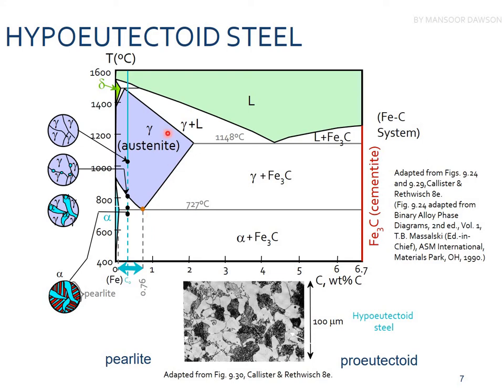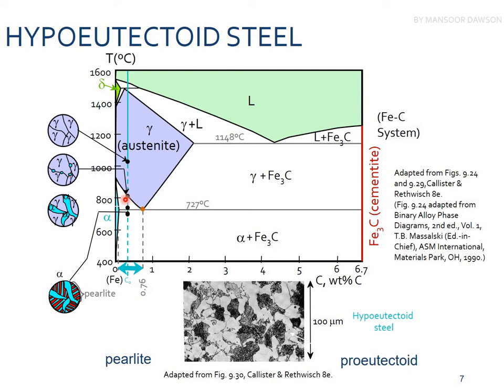If we discuss the microstructures of this hypoeutectoid, you can see there is the austenite phase, which is homogeneous, and this is a solid phase. There is no liquid phase, as we discussed in the phase diagram lecture.